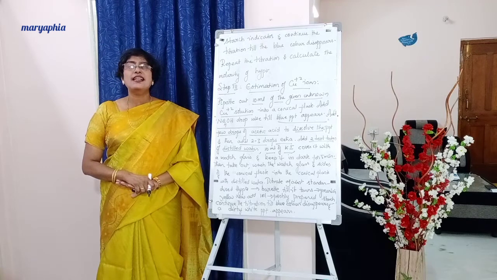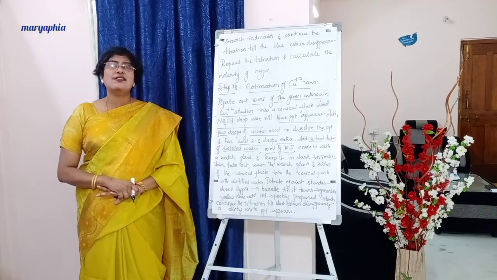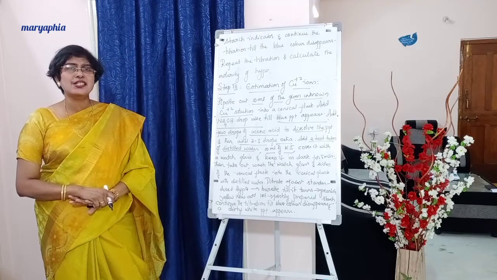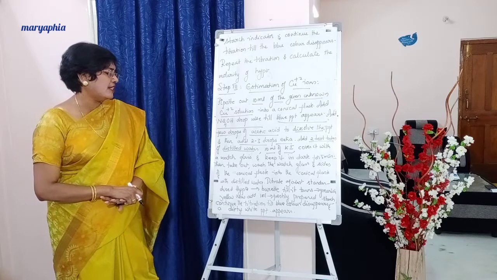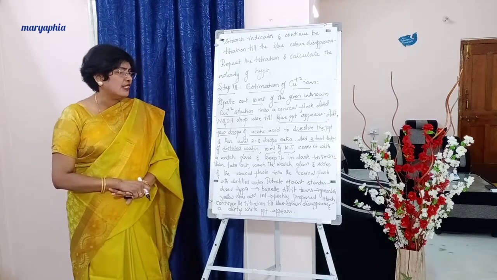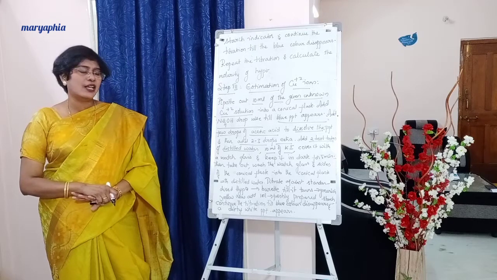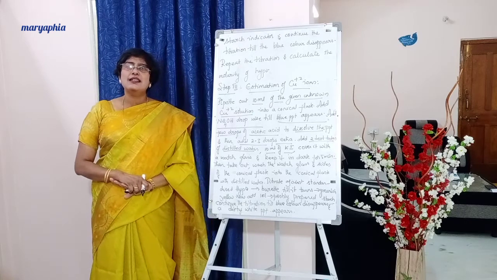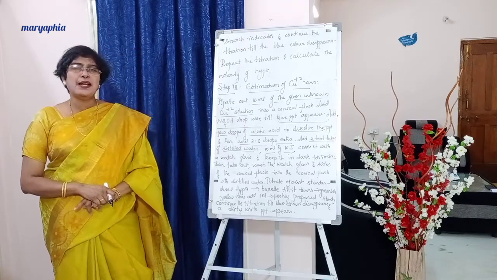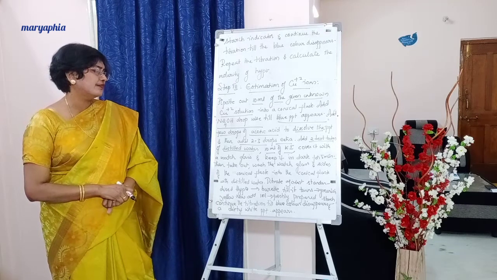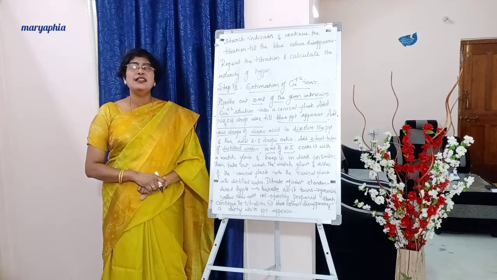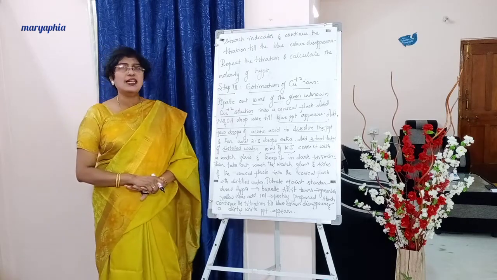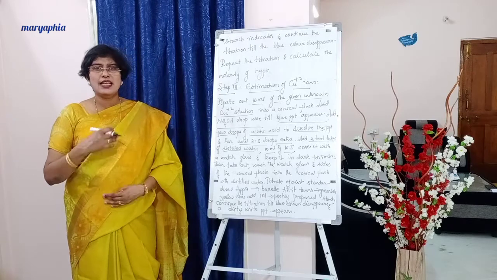Now titrate against standardized hypo taken in the burette till it turns greenish yellow. Full stop. Now add 1 ml of freshly prepared starch indicator and continue the titration till blue color disappears. So a lengthy procedure, students.